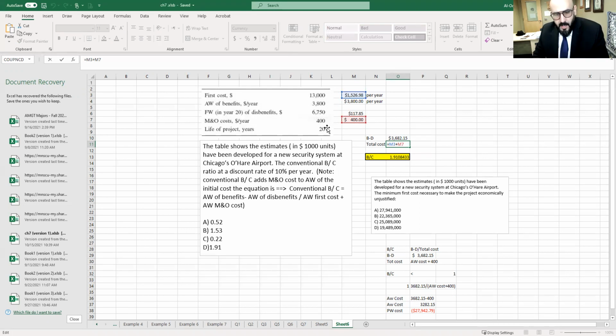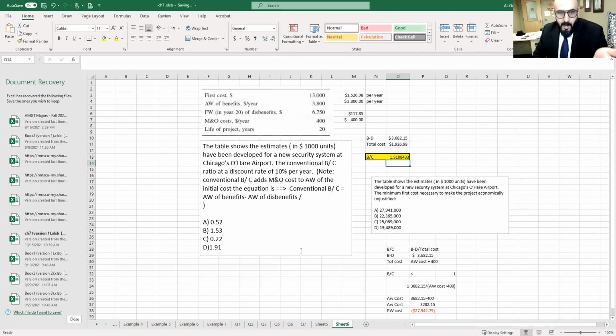Again, we're using the conventional BC here, so we include all the costs together as a total cost. Now you divide the benefit over the cost to find the BC ratio for this project. Again, this is for a different question about the BC ratio, but the question for which I'm making this video is to find what initial cost would make this project uneconomically justified.